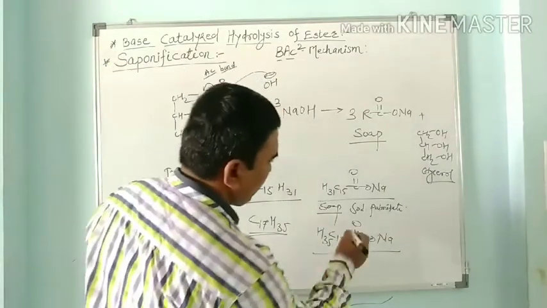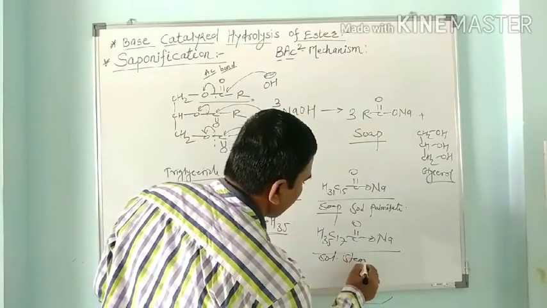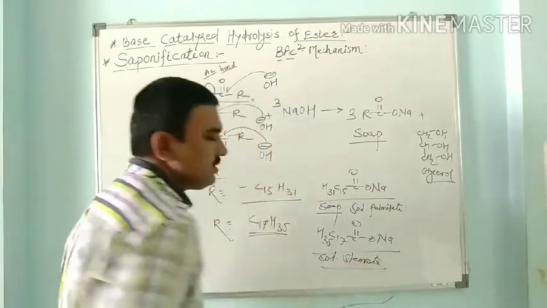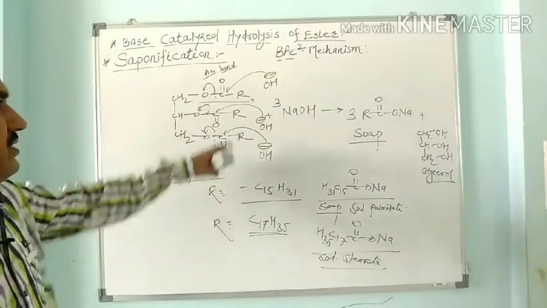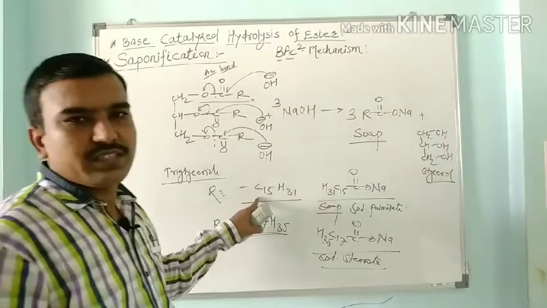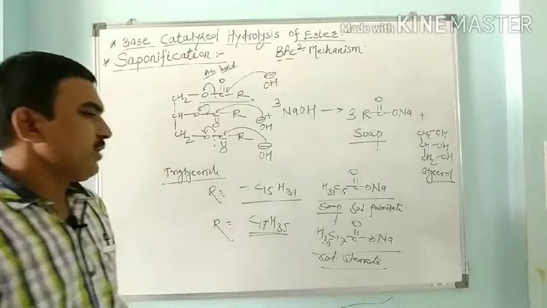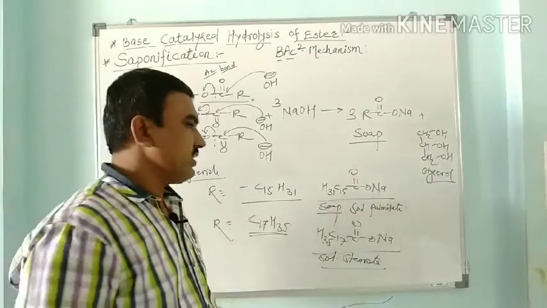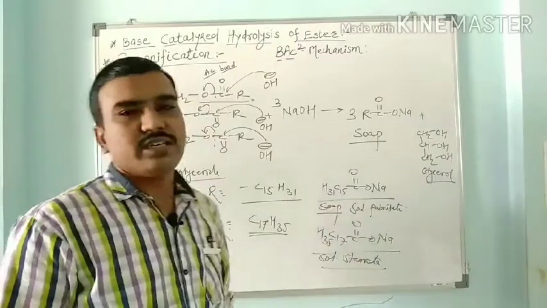This is sodium stearate because it is the salt of stearic acid. When such triglycerides have R as C15H31 or C17H35, in this way we can get the sodium salt of palmitic acid or stearic acid.